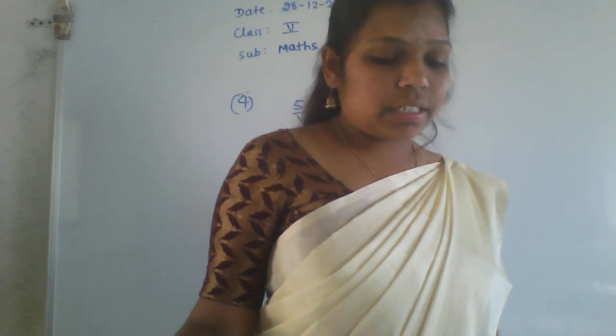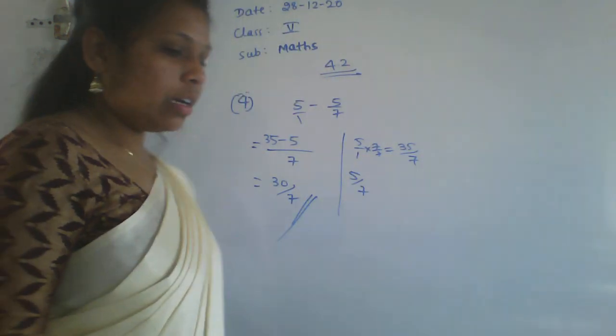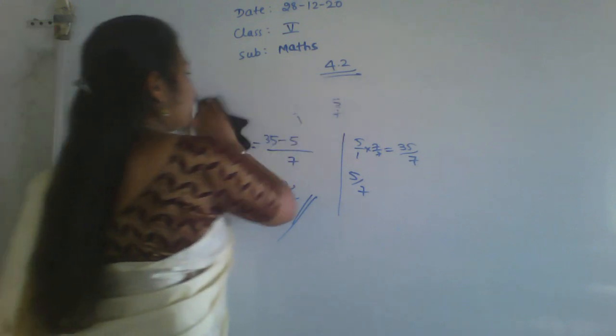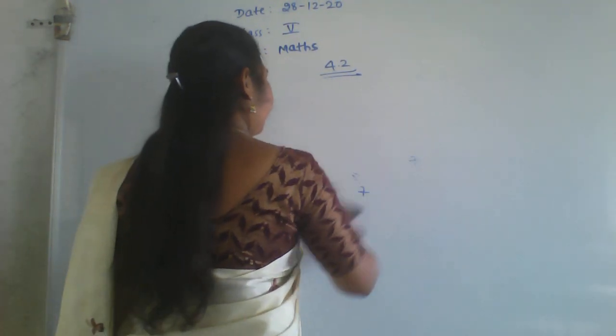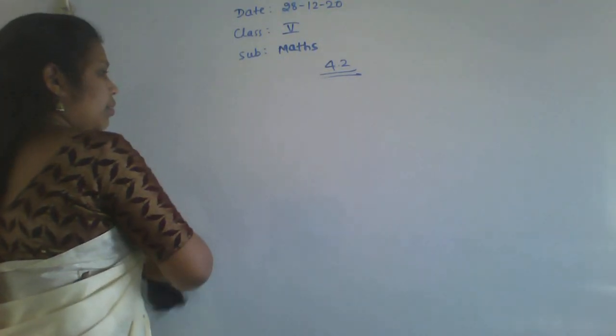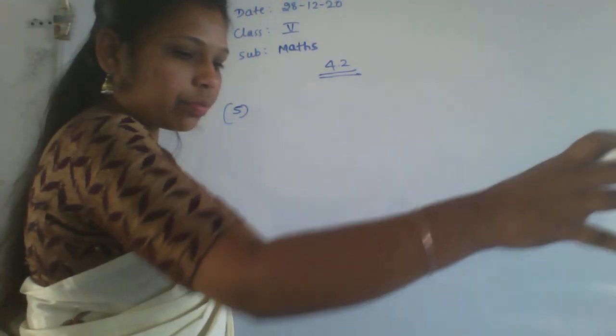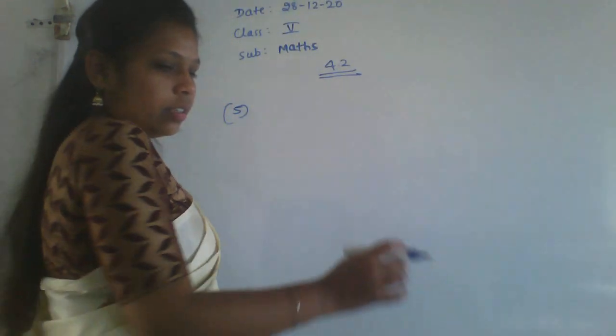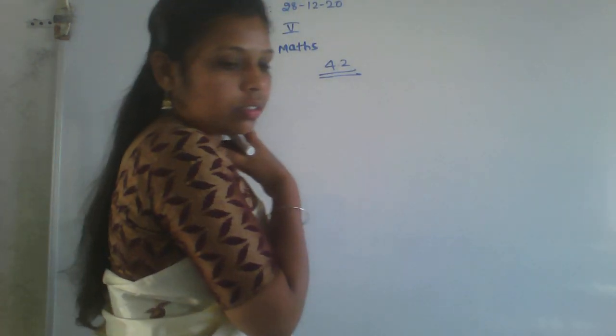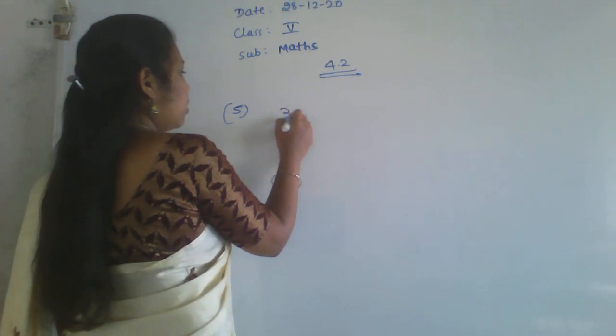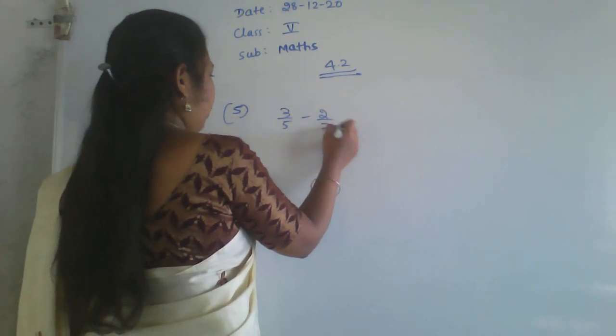Okay. Next, fifth one. I told fifth one, right? Now fifth one, that is 3 by 5 minus 2 by 7.